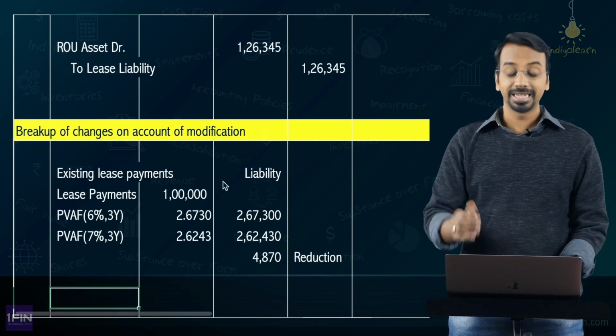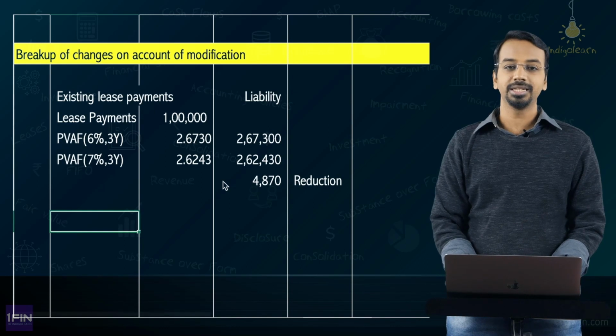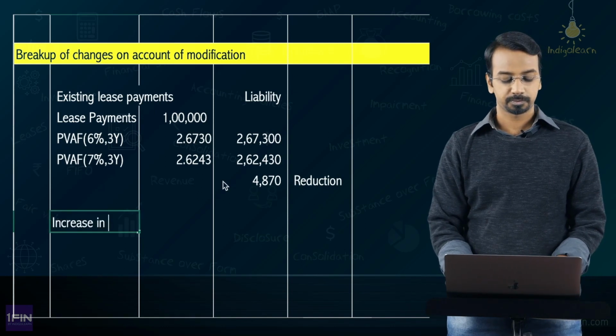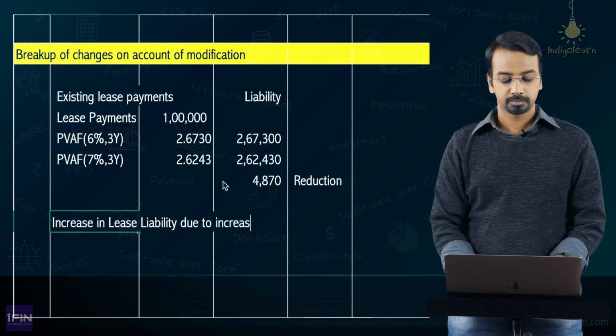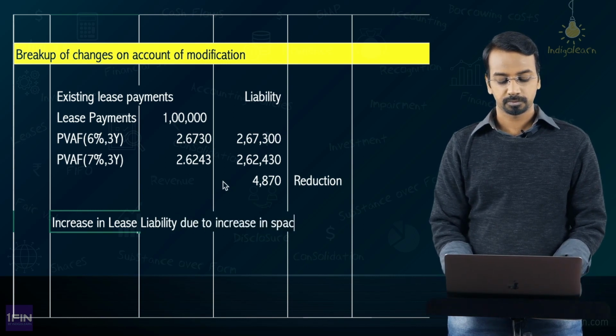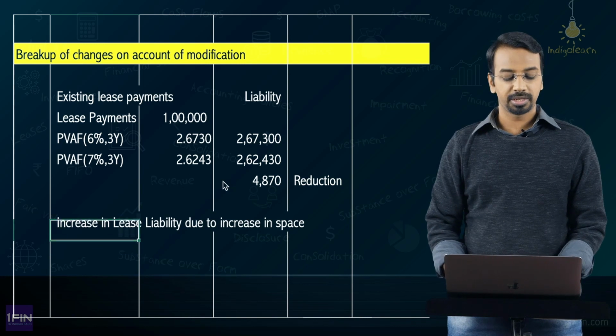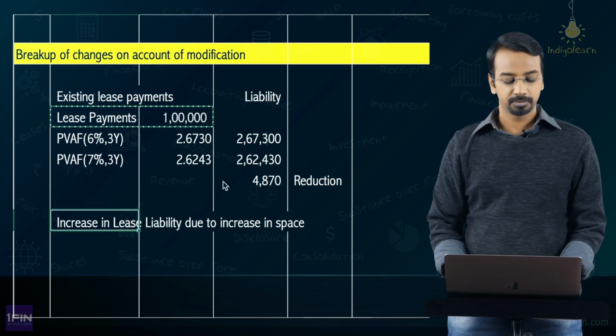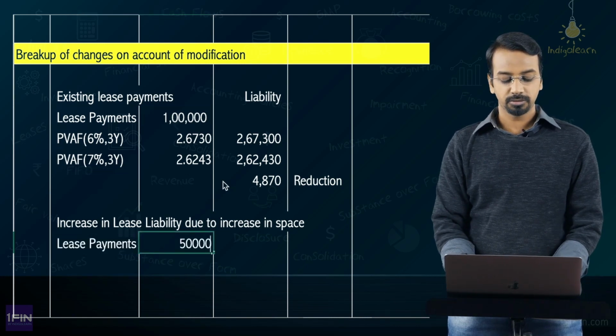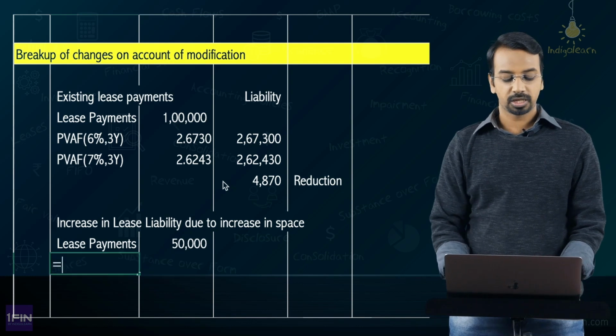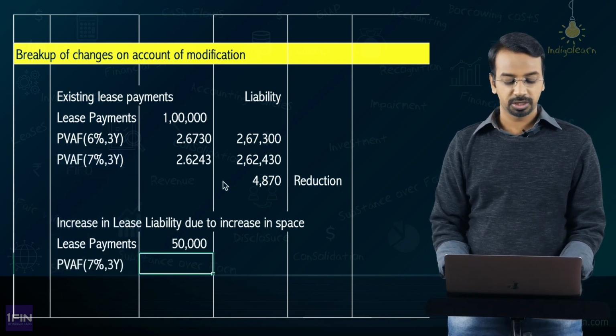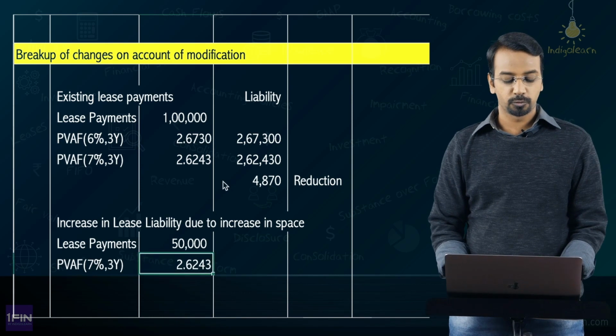Then there is an increase in liability because of increase in lease space. Okay, so what is the payment related to that? I can just pick up here directly. Lease payments is 50,000, right? Then you have to consider the present value annuity factor 7% for 3 years. That comes to 2.6243.